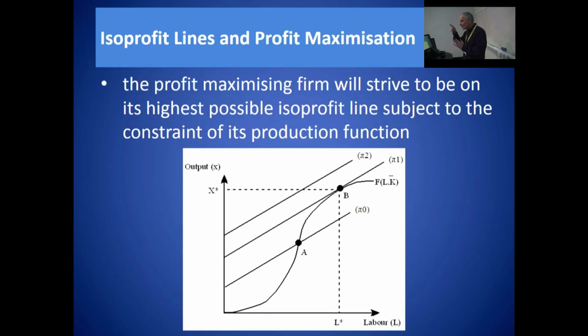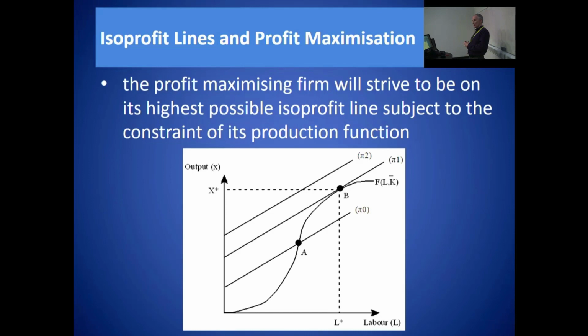But the problem is that particular ISO profit line is not attainable. Given the technology that the firm employs, it can't use labour to produce output that allows it to attain that particular ISO profit line. It's just unattainable. So, what then about point A?